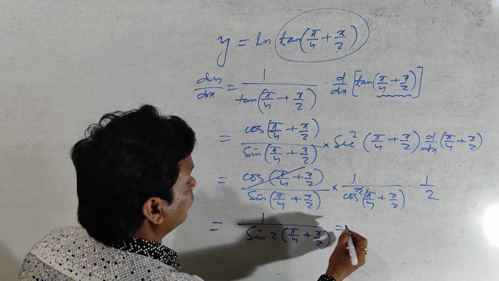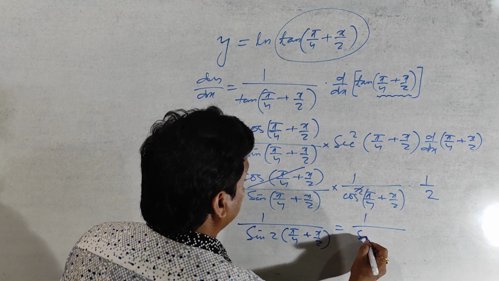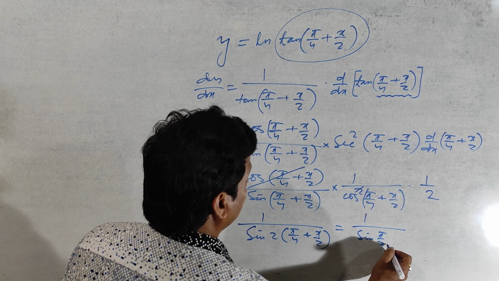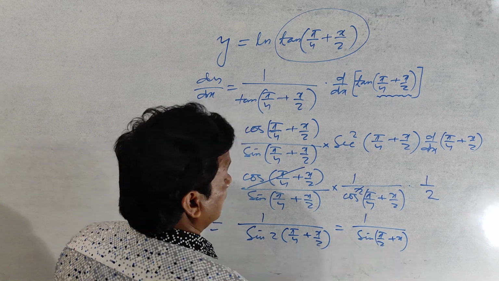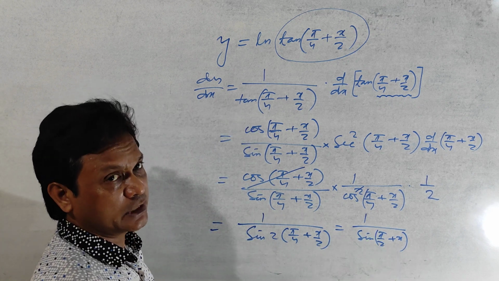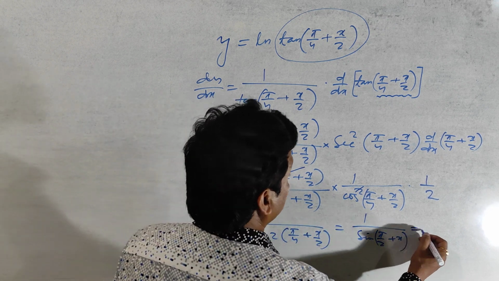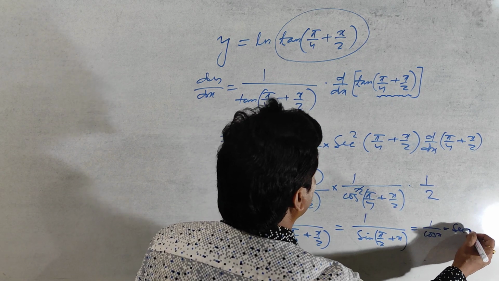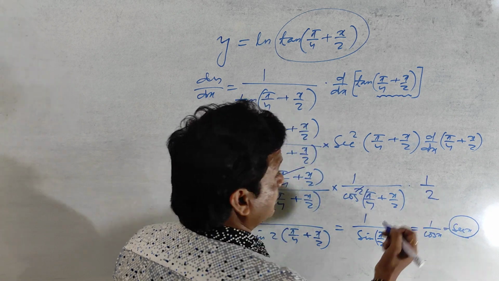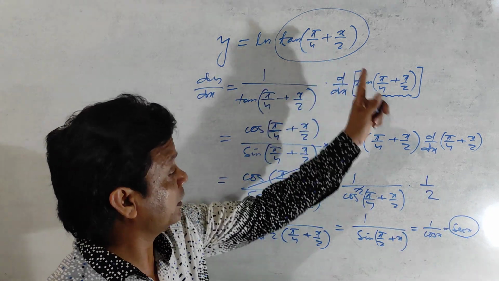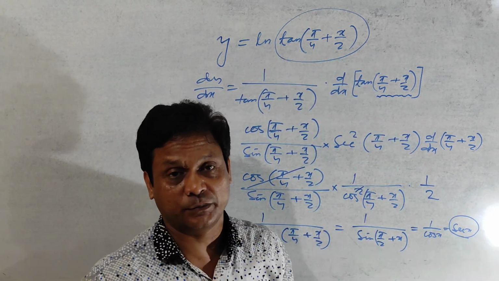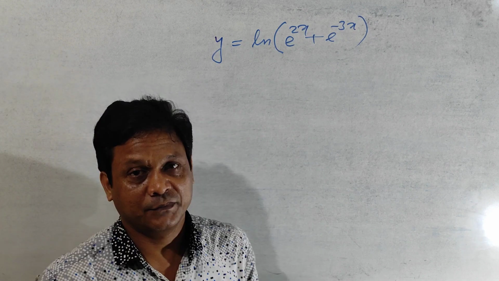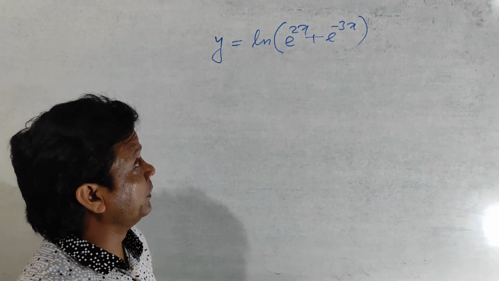So multiplying by 2, it will be sin of pi by 2 plus x, and sin of 90 plus x is cos x. So it is only 1 by cos x. Finally you get sec x. See here how simple the answer is. The question is complicated, but the answer is very small, it is sec x. Clear? See here, another example I am giving you.